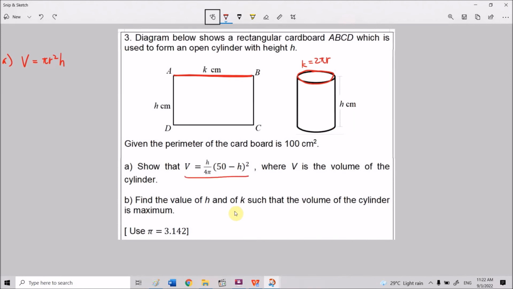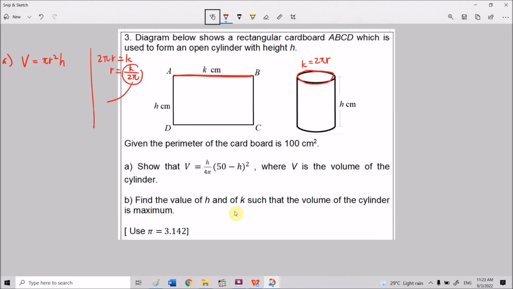Since we need to show this, we need to substitute the r in terms of h. Here we already know that r is related to k by using this equation. So we can write this as 2 pi r equals k, so r equals k over 2 pi.